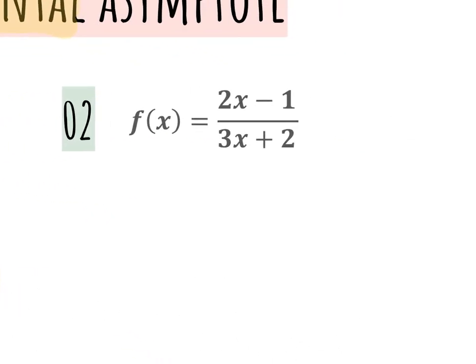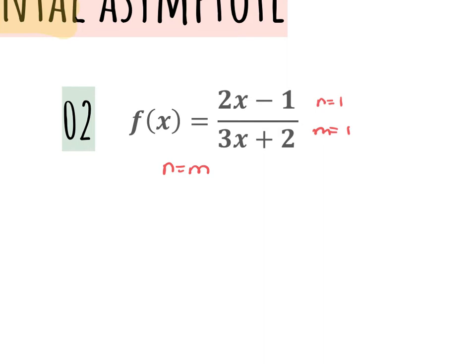Go to 2. What's the highest exponent in my numerator? 1. What's the highest exponent in my denominator? 1. M. What's true about these? They are equal. What happens when they're equal? Leading coefficient of the numerator over the leading coefficient of the denominator.